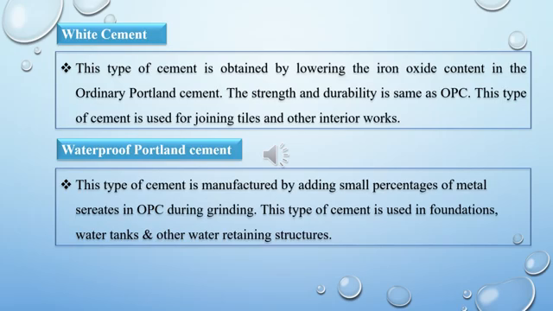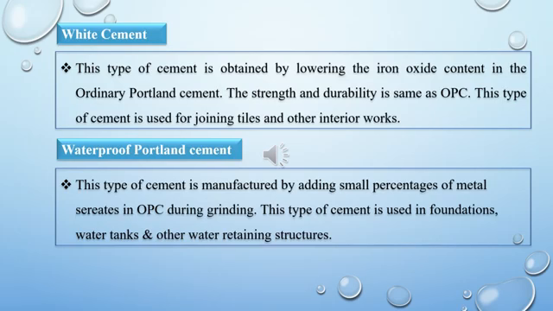This type of cement is manufactured when we add a small percentage of metal stearates into the OPC during grinding. It is used in the foundations, water tanks and other water retaining structures. So students, these were two more cements which we have discussed, white cement and waterproof cement.